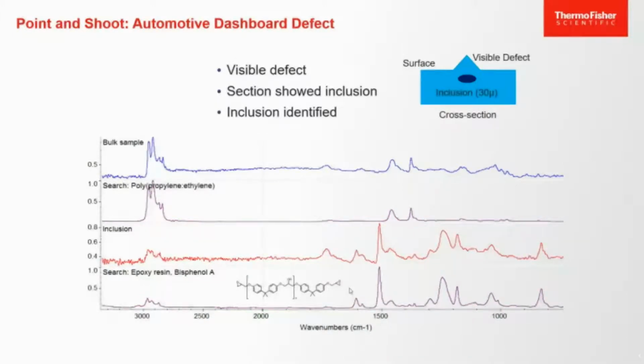And then you see at the top the spectrum of the bulk sample, which was simply the polypropylene ethylene material of the dashboard. That's the bulk material. And then we see the spectrum of the inclusion at the bottom. Well, that spectrum matched very nicely to bisphenol A, which is a type of plasticizer. In this case, the plasticizer is supposed to be homogeneously distributed throughout the blend when the material is being made or formed into the dashboard.